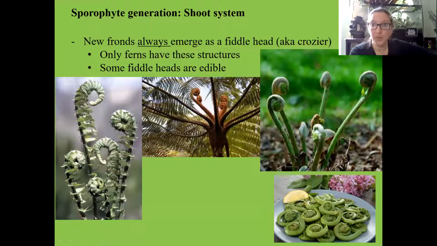Okay. This is a unique characteristic of the ferns, the fiddlehead. Whenever a new leaf is growing on a fern, it always shows up as a fiddlehead, which is what you see here. What's cool about fiddleheads is, look, here is a fiddlehead right here.